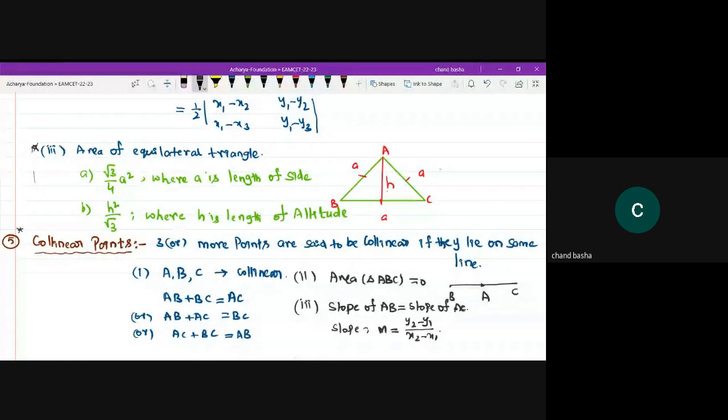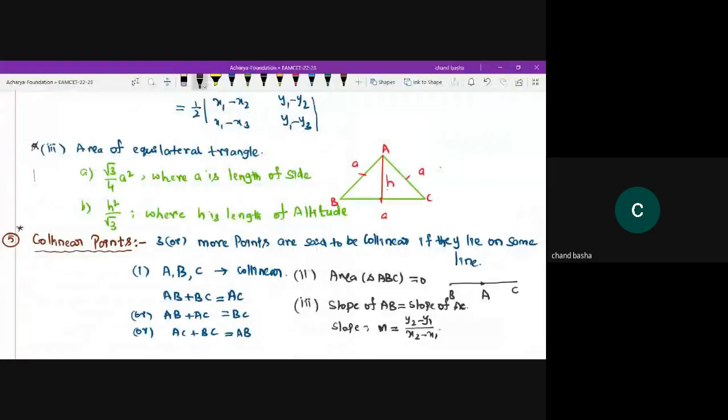Yes, can I discuss the problems related to this concept? How are questions asked related to this concept? Three points will be given to you.